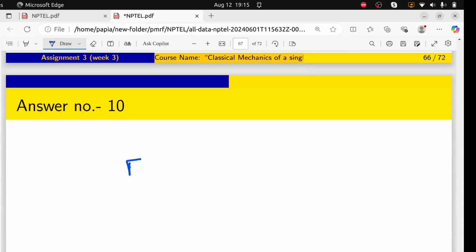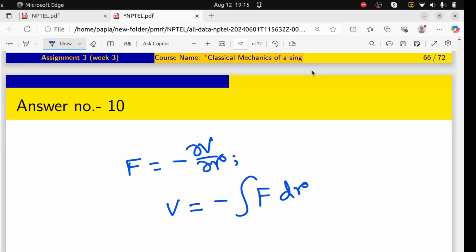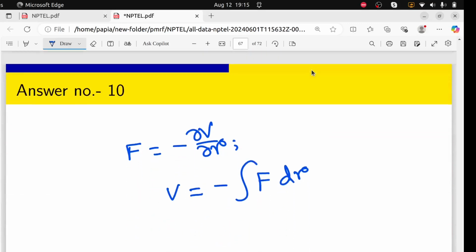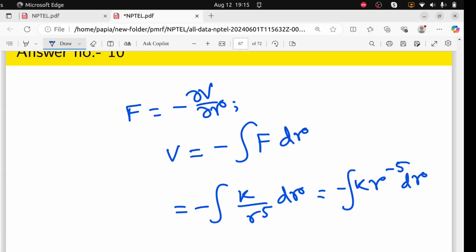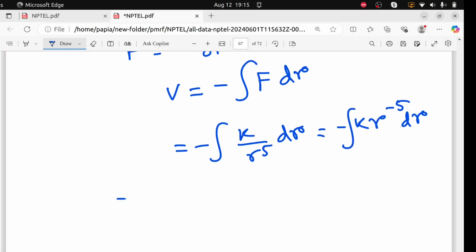Now as I can write it as minus del V del R, I can find V, which is minus integral of F dot dr. F is k by r to the power 5, so it is minus k r to the power minus 5 dr. After doing the integration, I have r to the power minus 4 by minus 4 plus c.